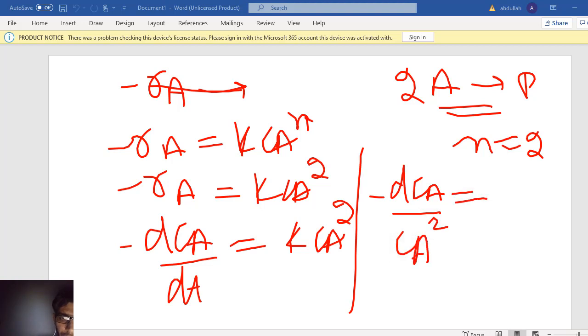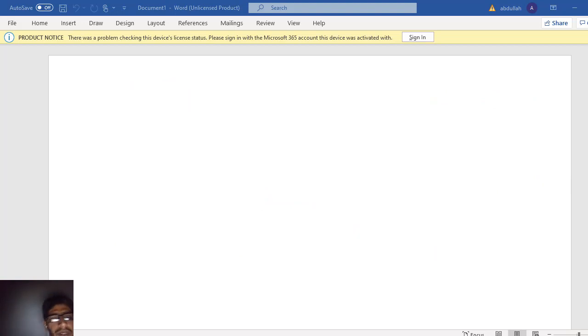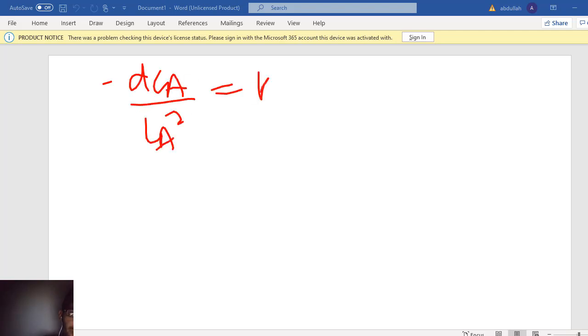Now rearrange this: dCa by Ca squared is equal to K dt. So it will be further written as minus dCa divided by Ca to the power 2 is equal to K dt.